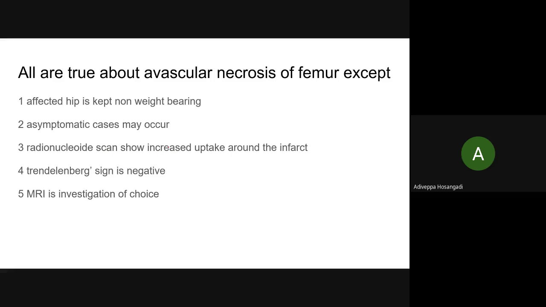So all are true about avascular necrosis of the femur, except.